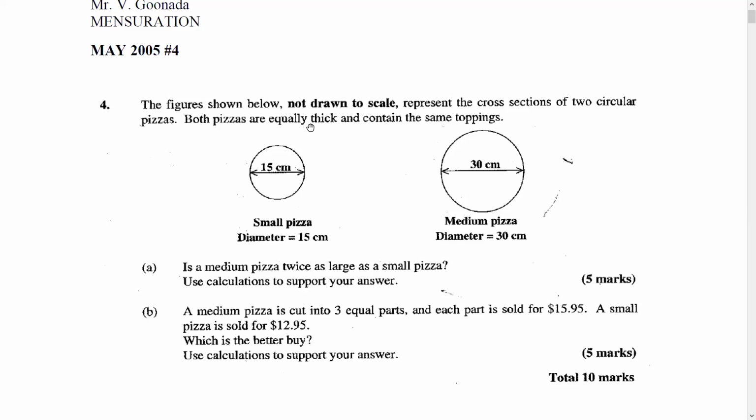Yes, cross section. So because it's a cross section, that means it involves what? Volume. Correct. So you have to find the volume of the small pizza and the volume of the medium pizza.